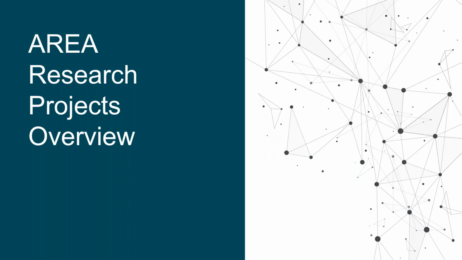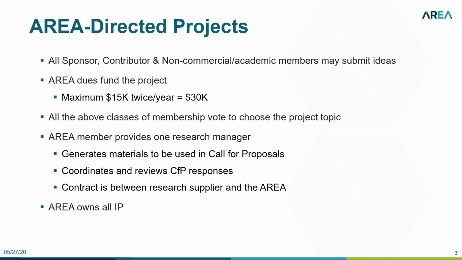So just to remind everybody that we are talking about the 6th in a series of research projects that we've been conducting on behalf of area members. And the way we go about doing this is we ask members to submit topics, ideas, pain points, anything that they would like to have a research project focusing on.